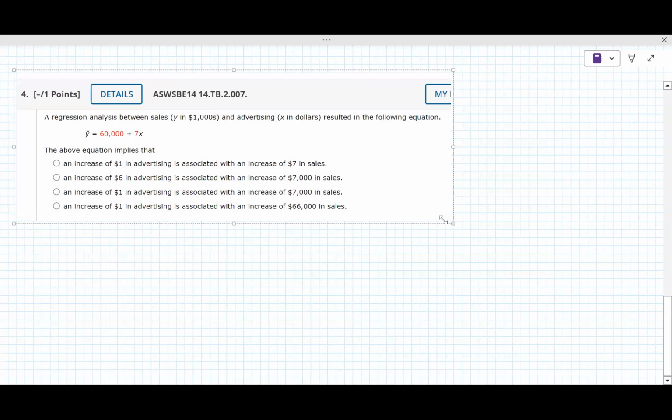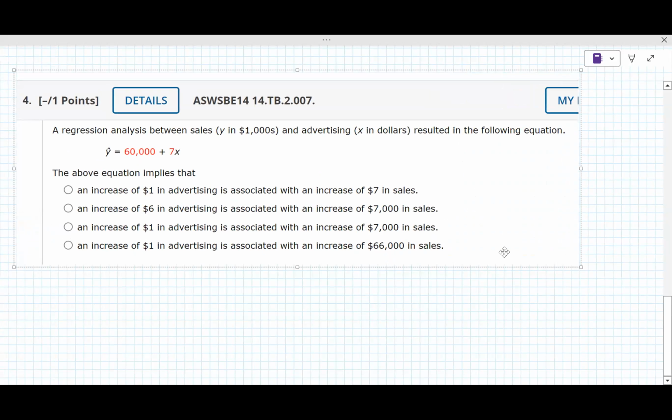All right, a regression analysis between sales in thousands and advertising in dollars resulted in the following equation. The above equation implies that... Okay, there's like a recipe for how to describe the slope.